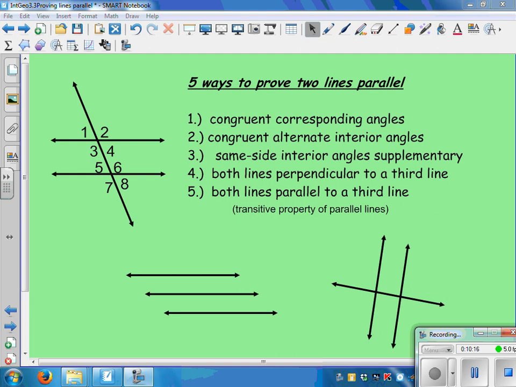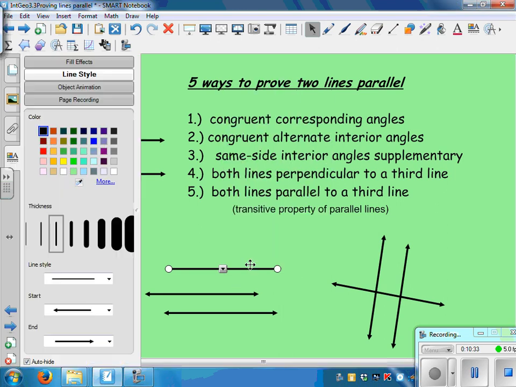And number 5 is going to be something slightly different, and this one is actually in your homework, proving that lines are parallel to a third line. So if you have 2 lines, I'm going to make this one a little bit bigger here. Let's do purple or blue.